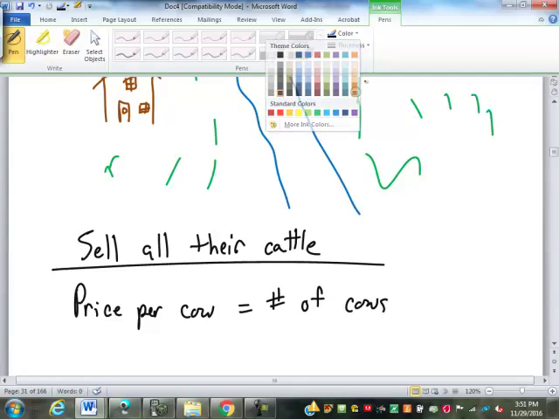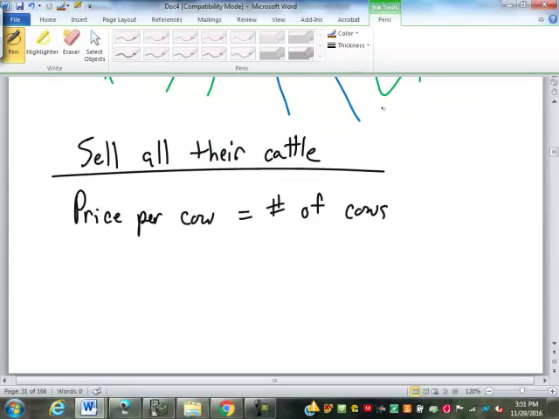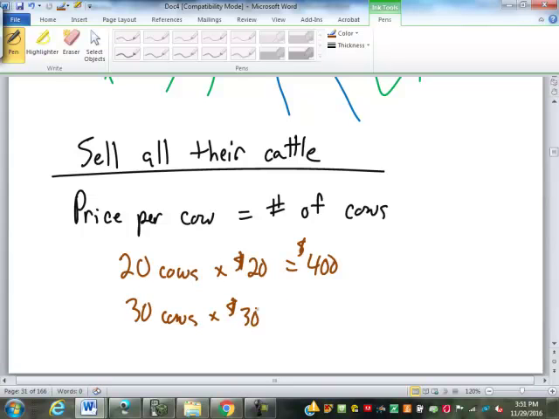What does that mean? Well, that means, for example, if they had 20 cows, they would have got $20 each, which would be a total of $400. Or if they had 30 cows, they would have got $30 each, which would have been a total of $900 that they would have got.